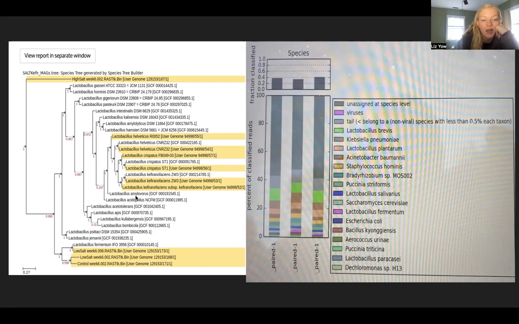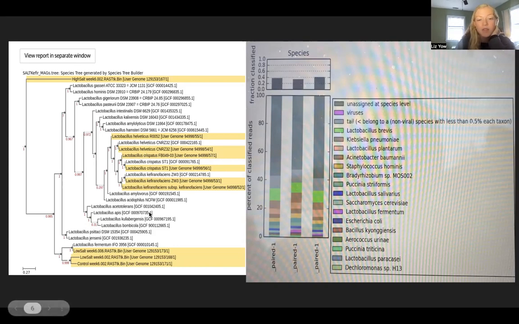And as you can see, the low salt and the control have the same highest MAG in the species tree. However, the high salt, the highest MAG there was, where is it? I believe it was the crispus. But yeah, so it differed the most from the other ones.